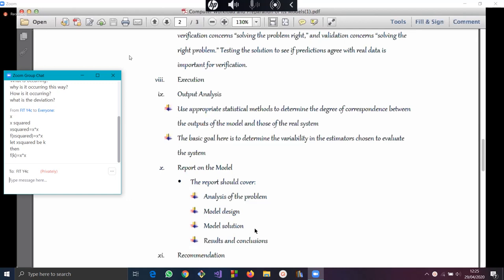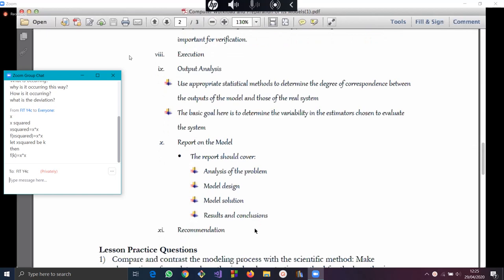You use the model to give you the solution, and therefore from the solution, these are the results and the conclusion. In other words, you want to give a recommendation that the model can actually be used.